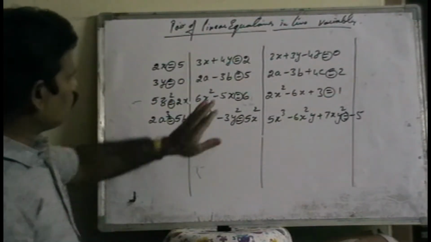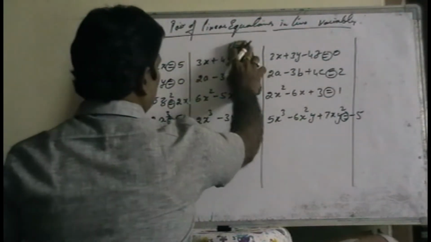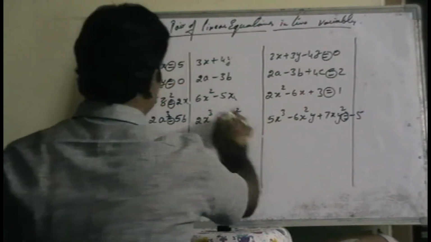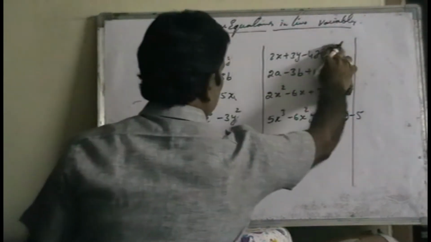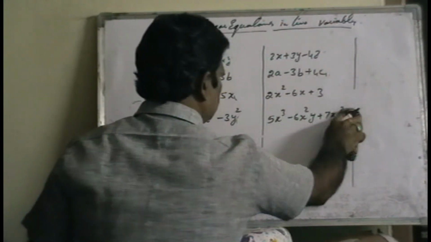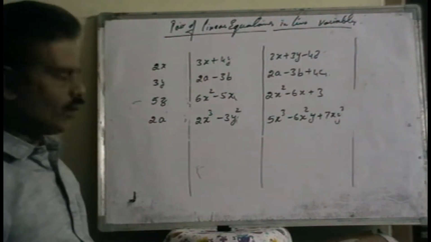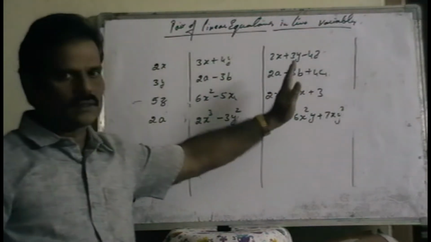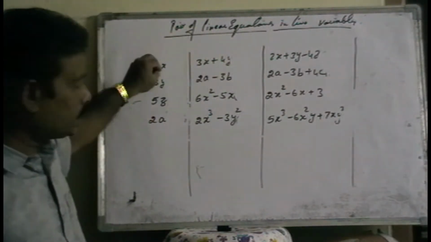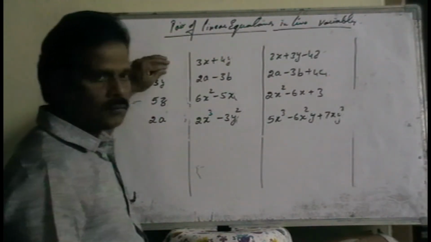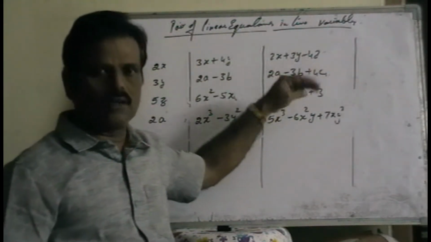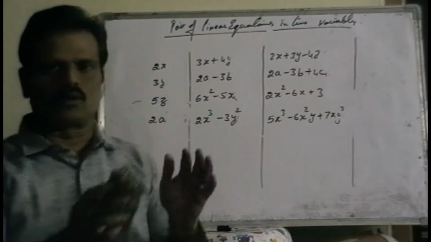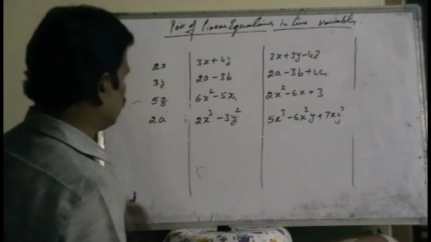Without the equal symbol, they are called expressions. Now, these are all expressions. They are not equations, right? So, in expressions, it depends on the number of terms in it. If there is only one term, that is a monomial, two terms binomial, three terms trinomial, and some group of terms is called a polynomial.